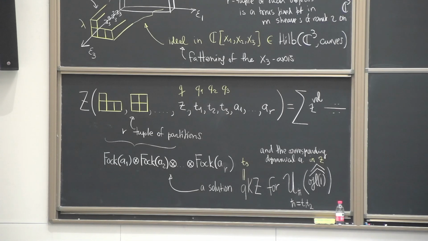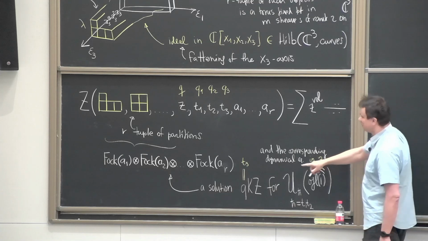So what is QKZ? If you write QKZ in its full glory, it will take many, many pages, even for the simplest example. In fact, Pasha Etingof likes to say that QKZ is the equation that cannot be written on a single page. But if you do it pictorially, you can write it. So what are the ingredients in QKZ?